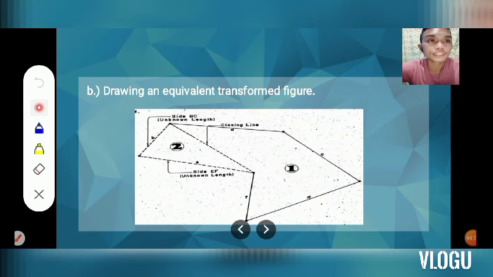Then after that, we draw an equivalent transformed figure. The unknown values earlier were lines BC and EF. So we make a closing line here and form a triangle to determine the unknown variables.